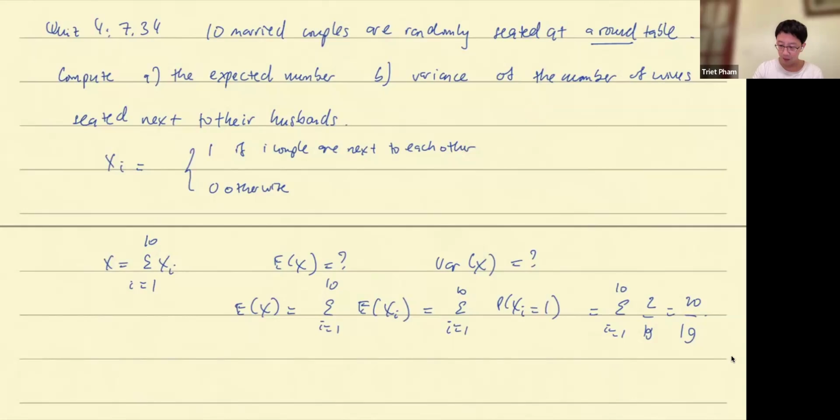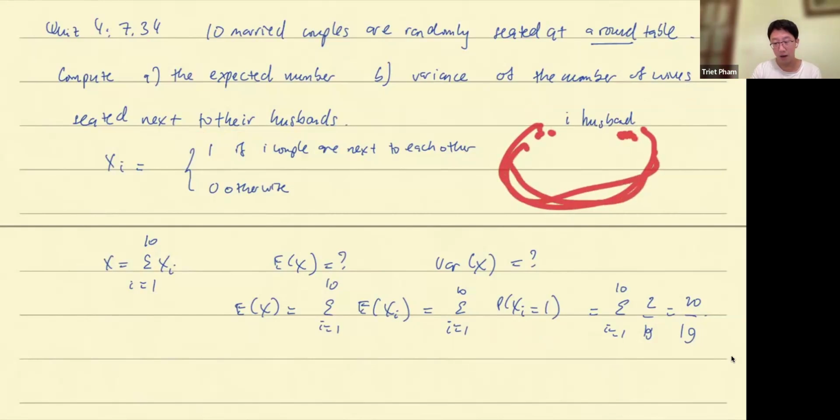When you look at xi, because it's really about wife and husband, if you focus on the husband i and pick that person as the anchor, then for the wife i to be next to the husband, there are two positions out of 19 left. So that's 2/19. That's one way to think about it.